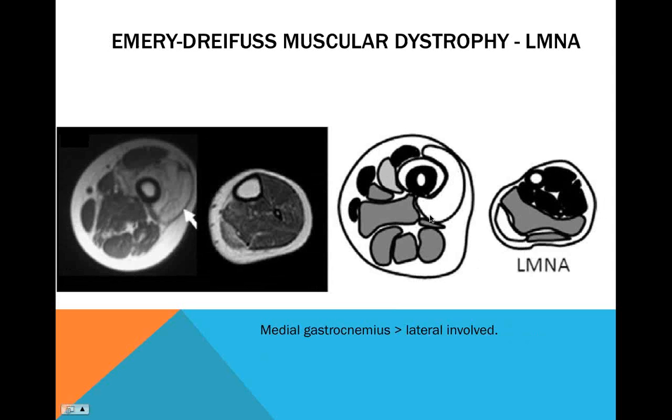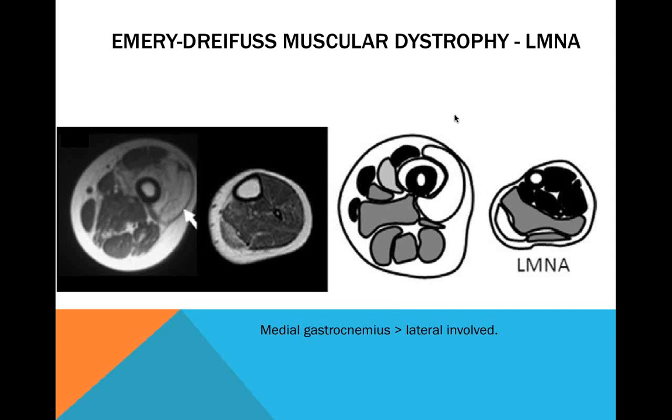So there's also subdescriptions about Emery-Dreifuss muscular dystrophy associated with the LMNA gene. So basically these are patients that have a typical appearance of proximal weakness, contractures, and conduction abnormalities in the heart, and one of their major causes of death is related to heart disease.